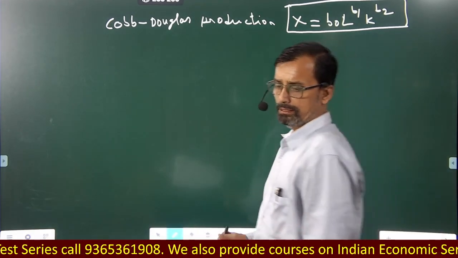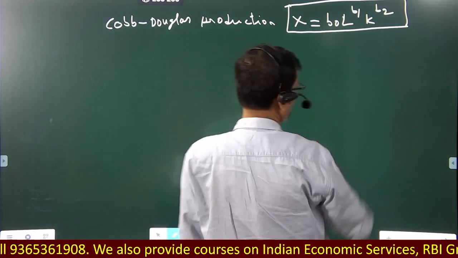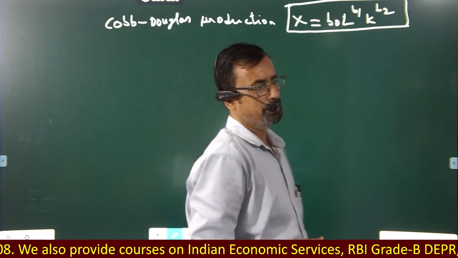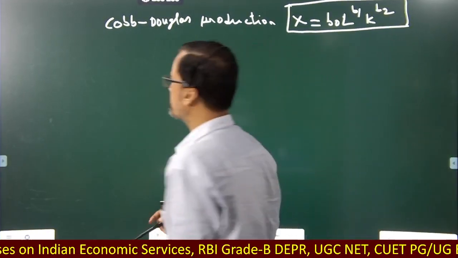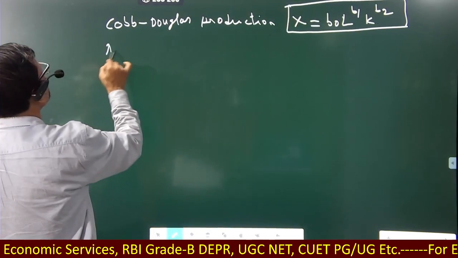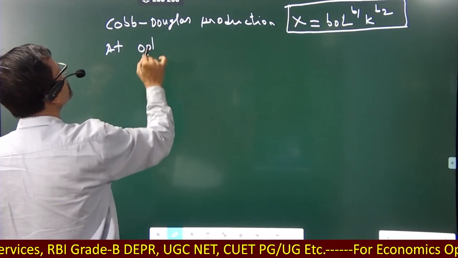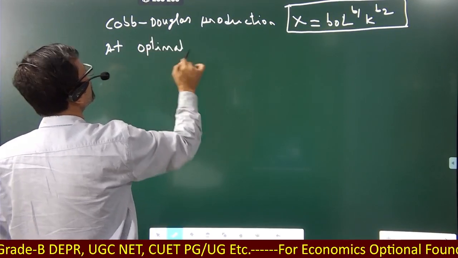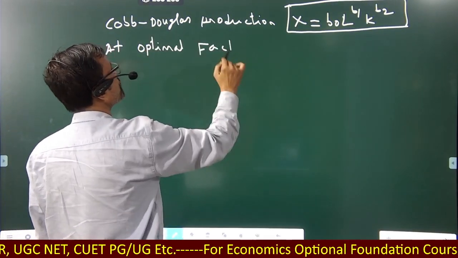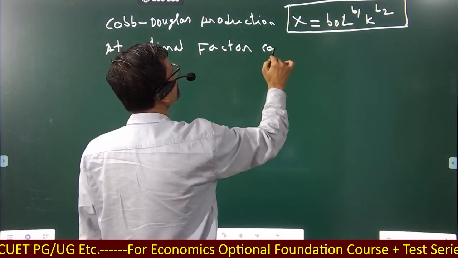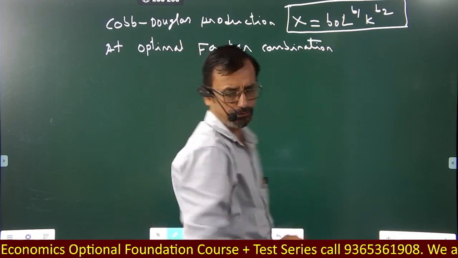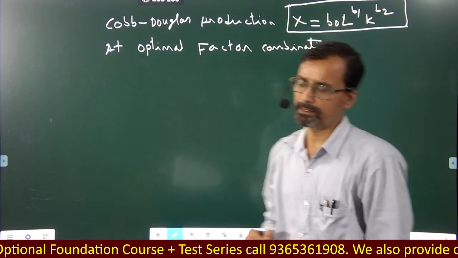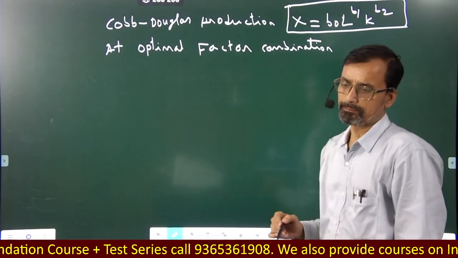Now for this production function, we need to derive the expansion path. At optimal factor combinations, what conditions are to be fulfilled?